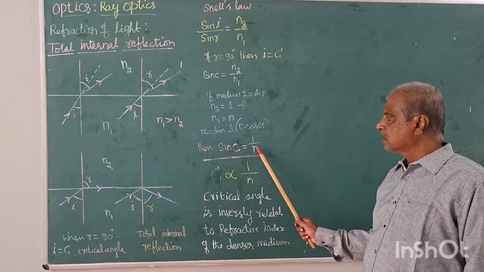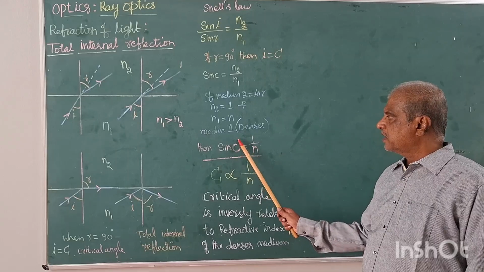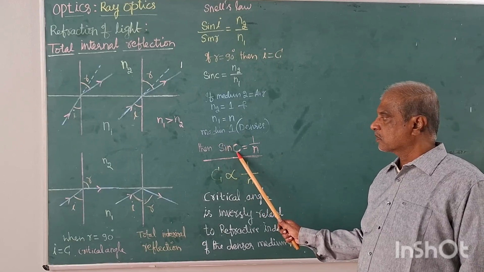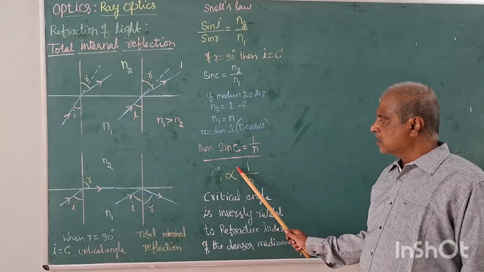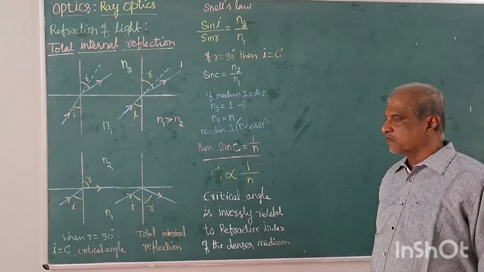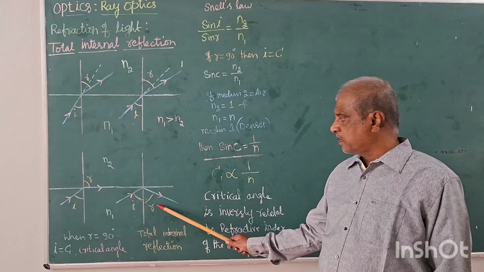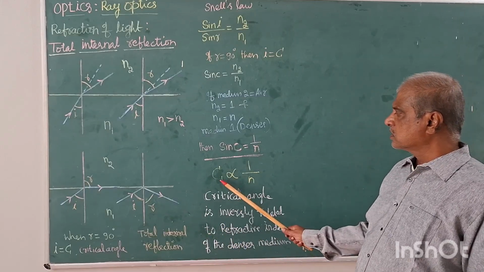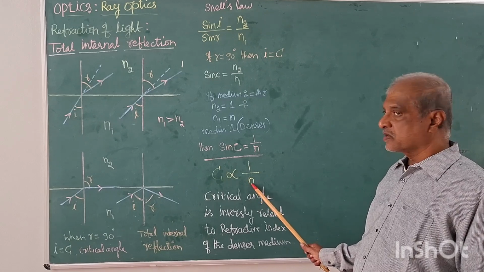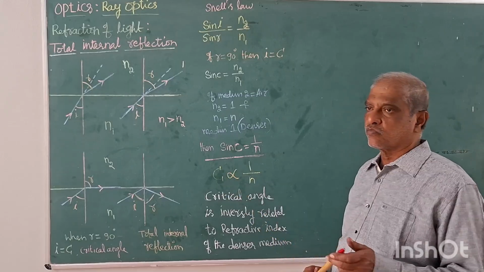Any increase in the value of n will decrease the value of sin C, and any decrease in the value of sin C will decrease the value of C in turn. It means the critical angle is inversely proportional to the refractive index of the denser medium. Higher the refractive index of the denser medium, lower is the critical angle.